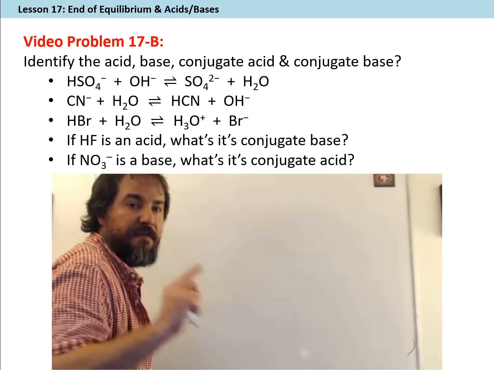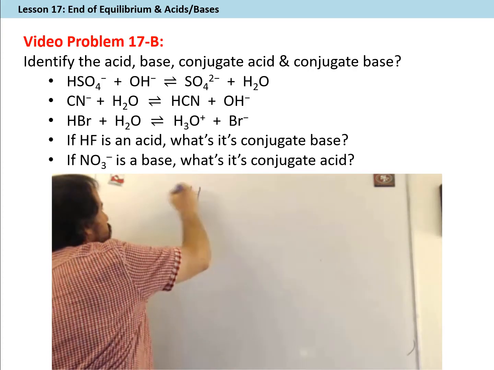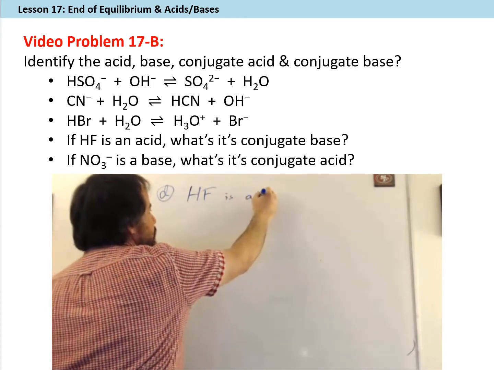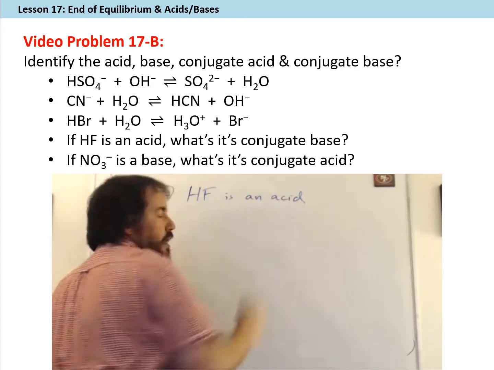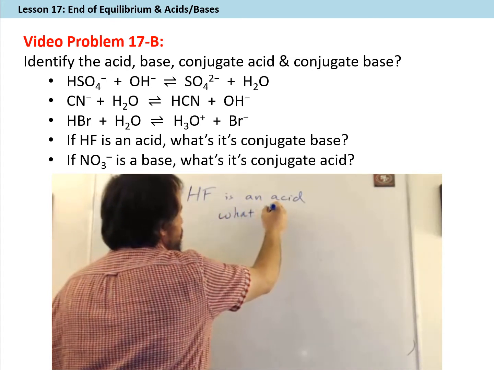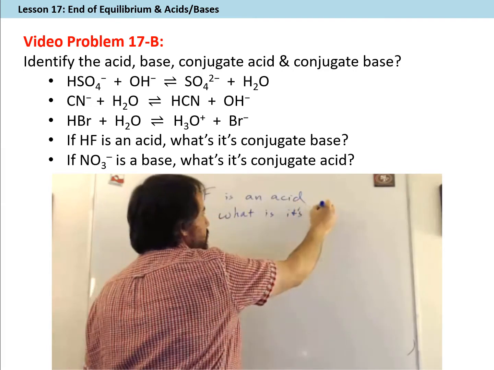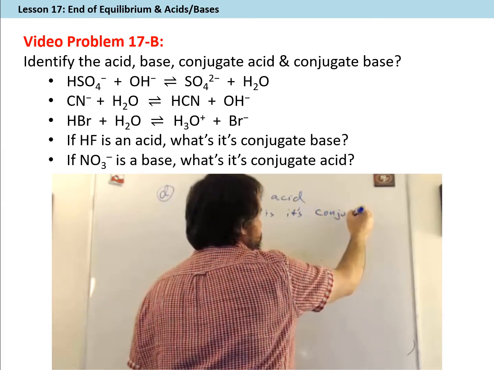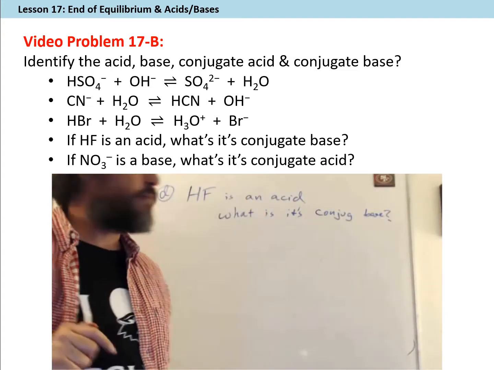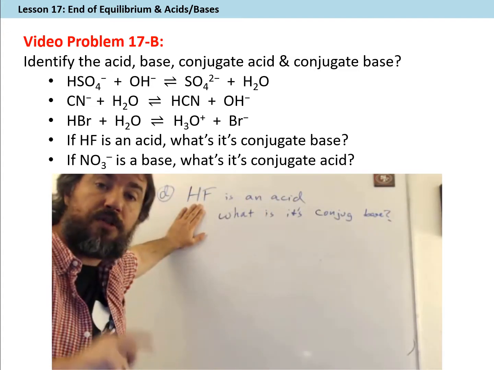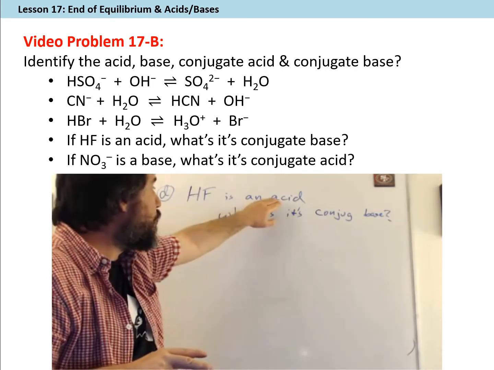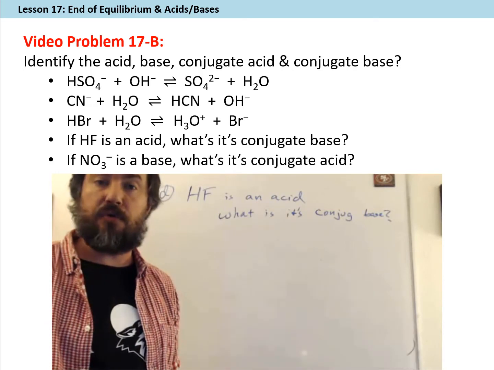All right, so we have: if HF is an acid, what is its conjugate base? So I'm told that HF is an acid. When we're told that, we need to remember what acids do.